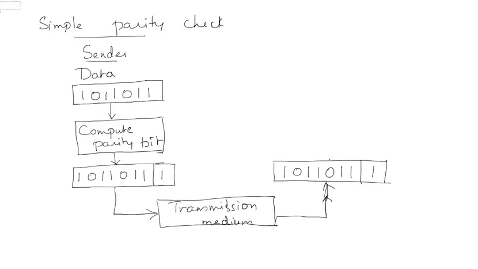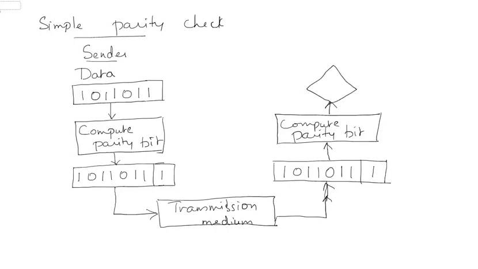Next, the receiver also computes the parity bit. After computing the parity bit, the receiver will check whether the data has even parity or odd parity.